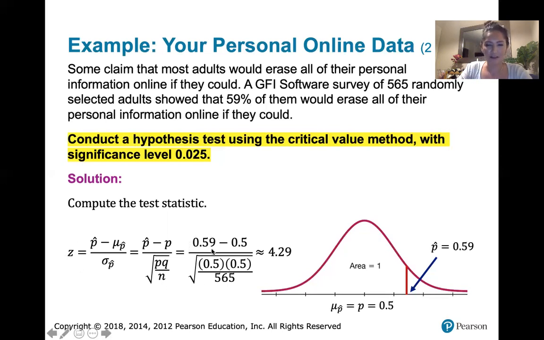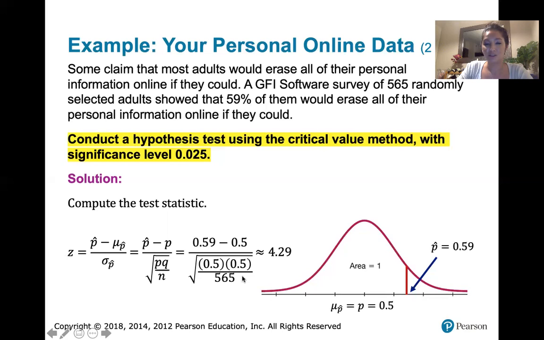I've got 0.59, that's the sample proportion from my sample. I'm subtracting the 0.5, that's the population proportion in my null hypothesis. And then I divide by the square root of p times q over n. P was 0.5, q is the complement of that. So I do 1 minus p to get q. In this case, the complement of 0.5 is 0.5, and then you just do the arithmetic.